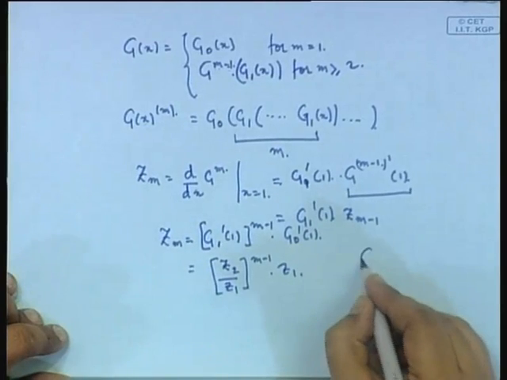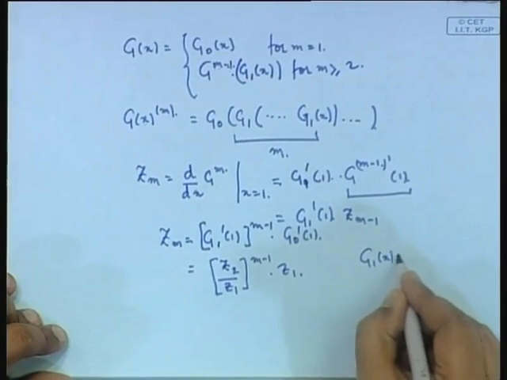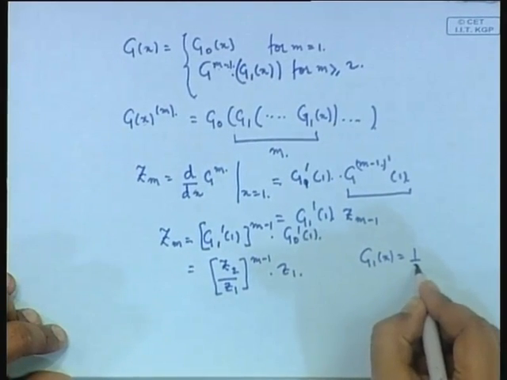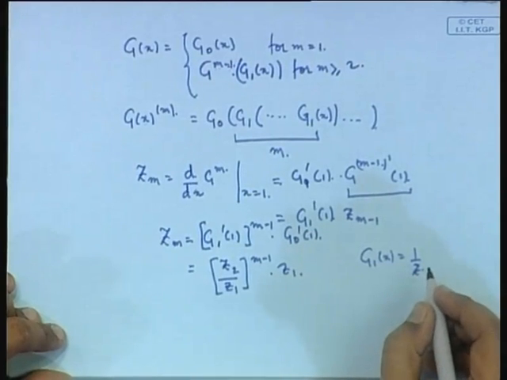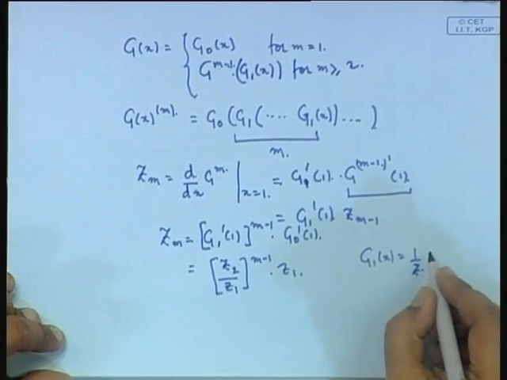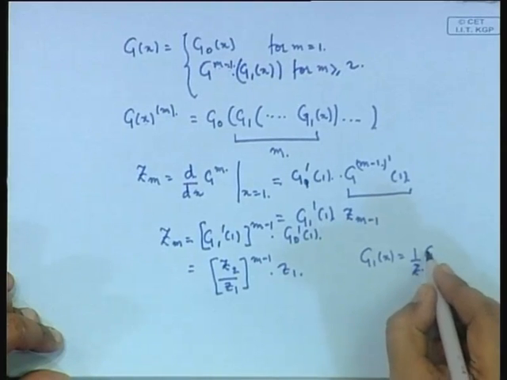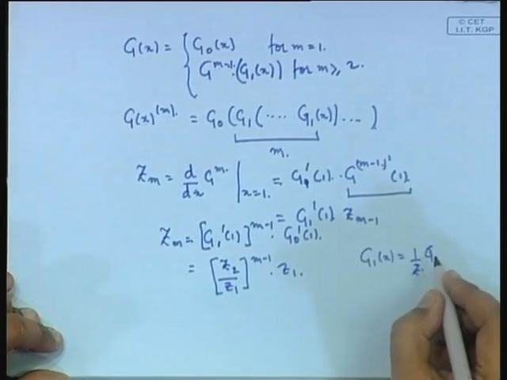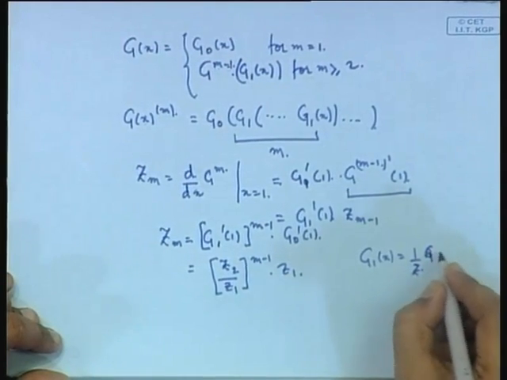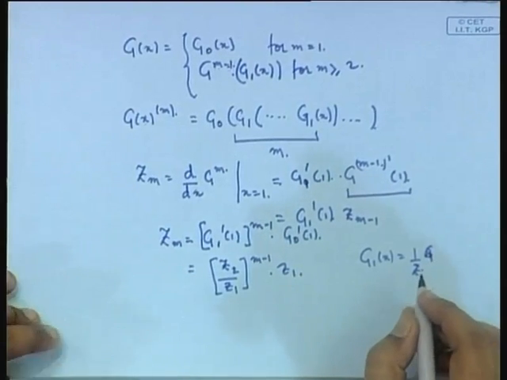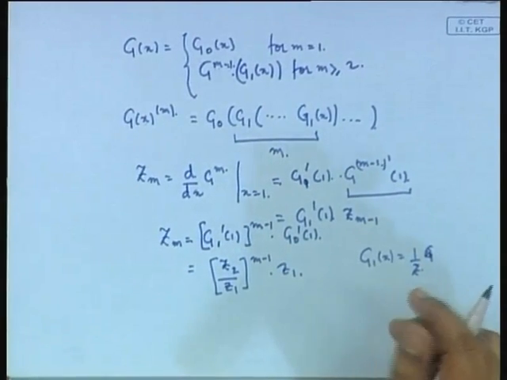If you remember, G1 x is 1 by z, G0 is kpk. What is G0 x? Please remember and tell me. What was G1 x?